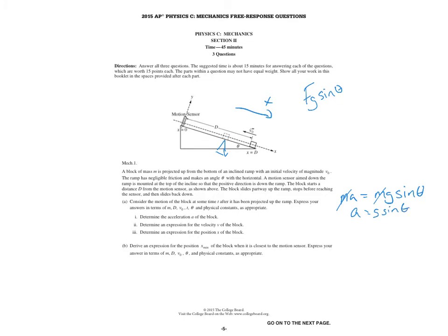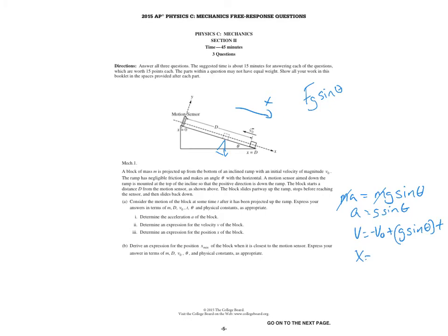Number 2, determine an expression for the velocity of the block v. So v is equal to v naught plus g sine theta times t. I think that's all you have to do. v naught is negative, though, because it is going up the ramp, and we've defined down the ramp as positive. And then determine an expression for x of the block.